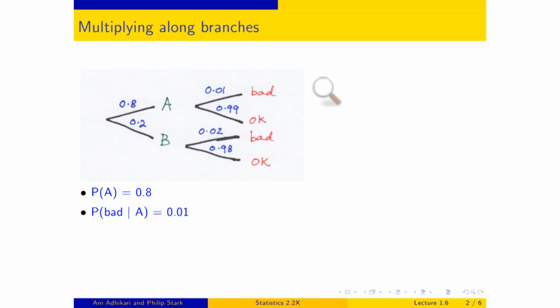So if I take a randomly produced widget and I ask you, what is the chance that it was produced by machine A and it's bad? Then what have I asked? Then I've said, what is the chance that it lies here? That it's one of these.